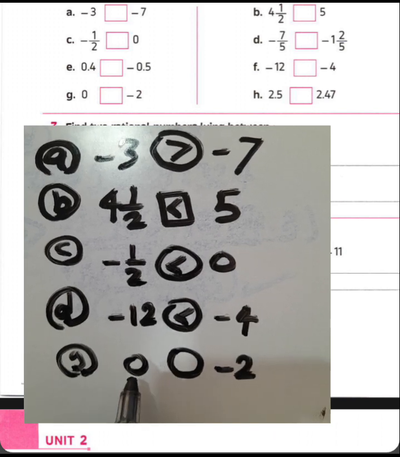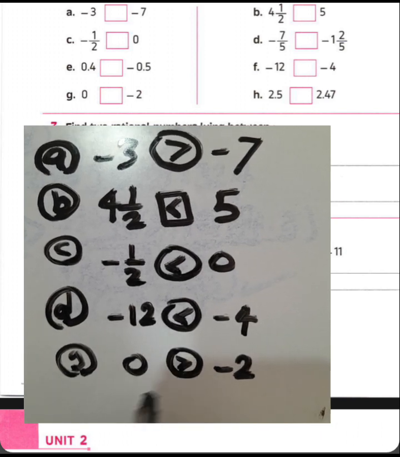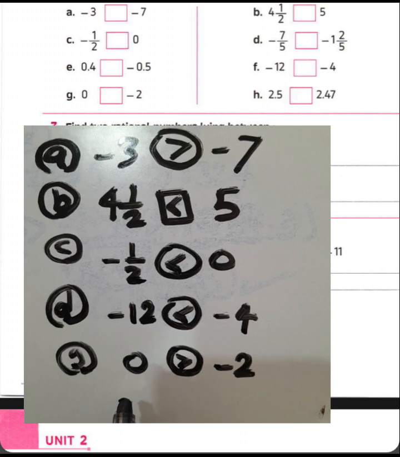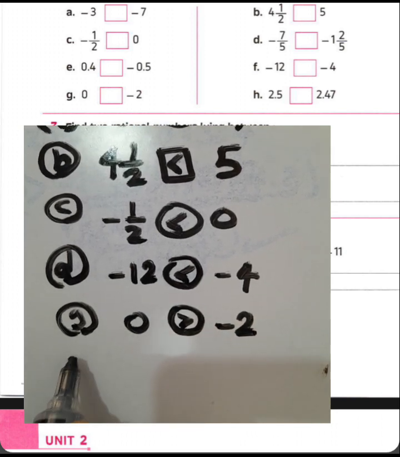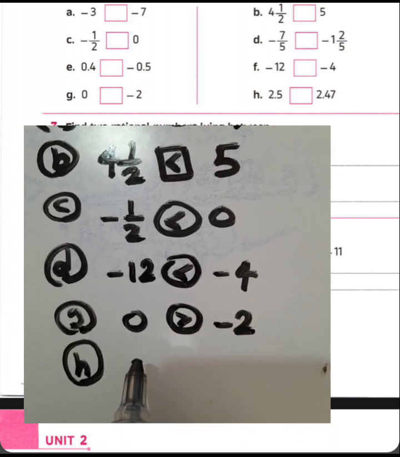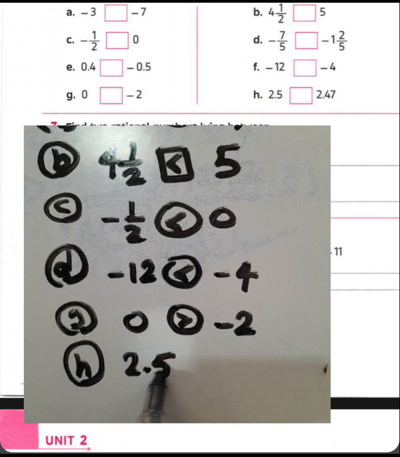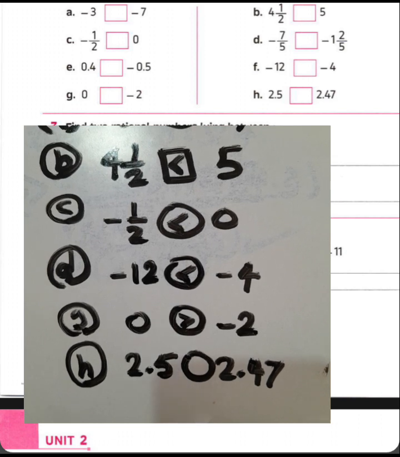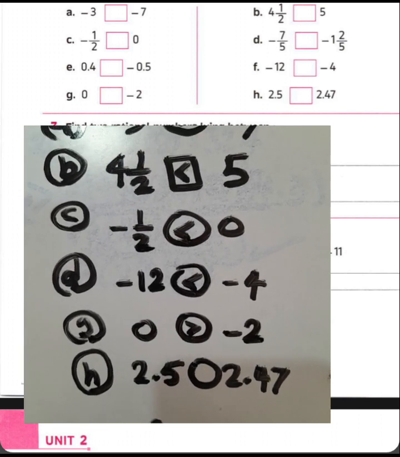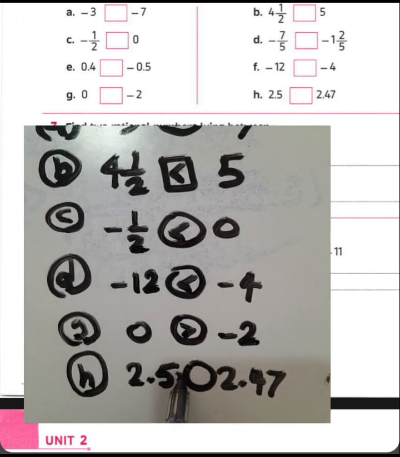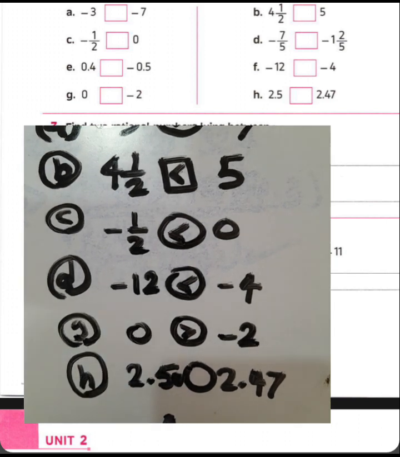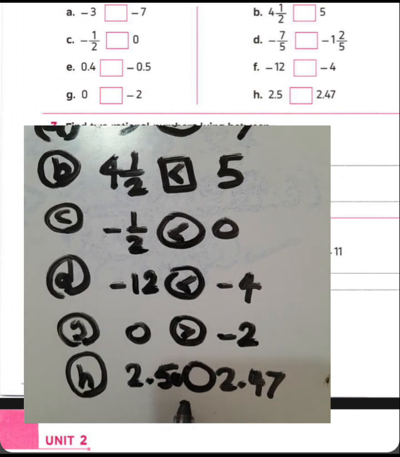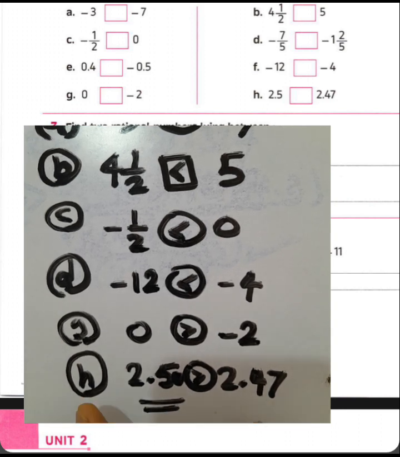We know 0 is greater than negative 2. Okay, understood? Question letter H, 2.5 or 2.47. We know 2.5 is greater. You can write 0 behind these digits to equalize the parts. Then 2.50 is greater, okay, because this number is positive and that number is positive here.